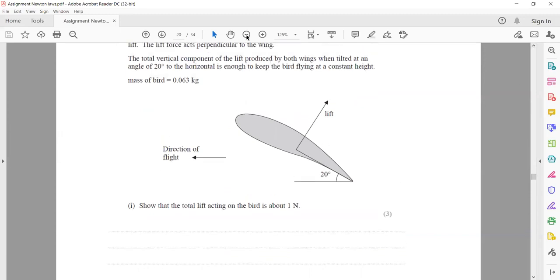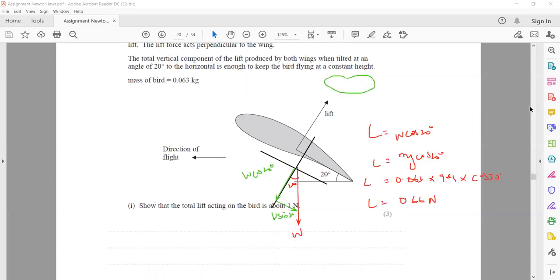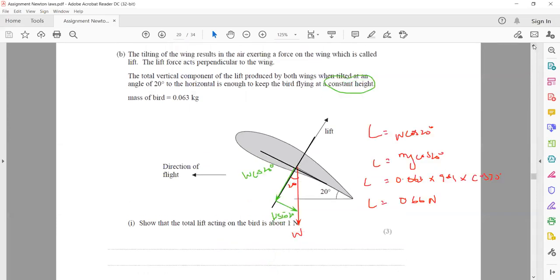So here the weight which is acting downward has two components, one of which matches with the lift. So we have this formula.